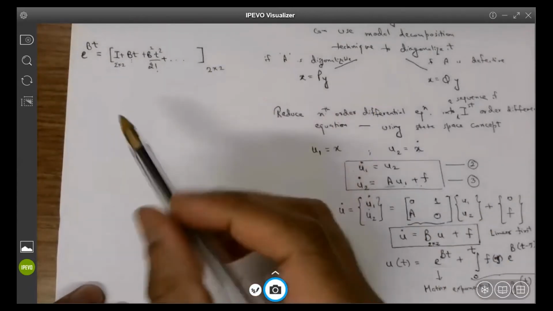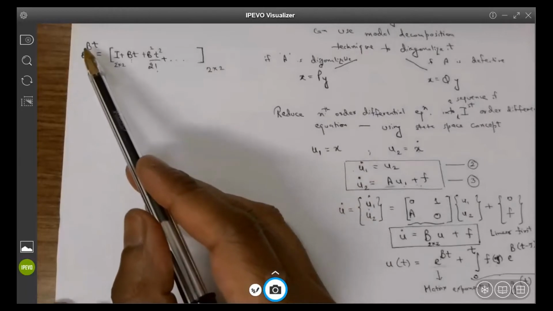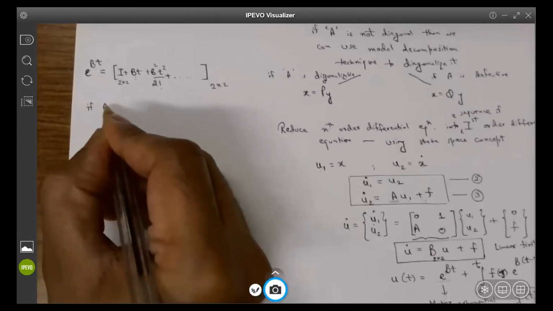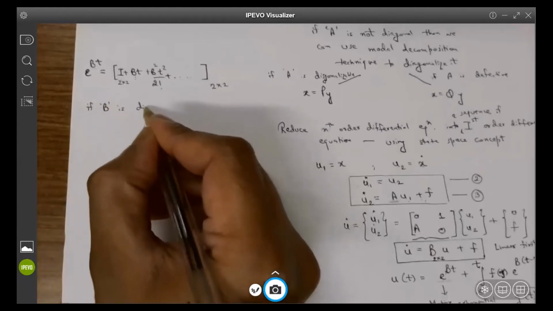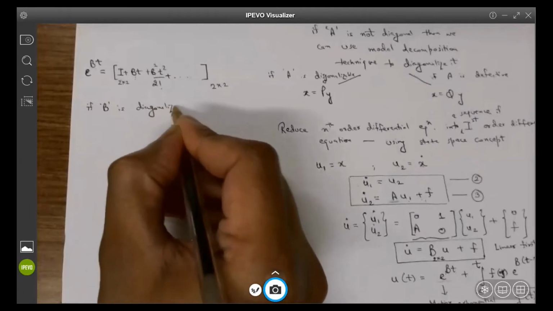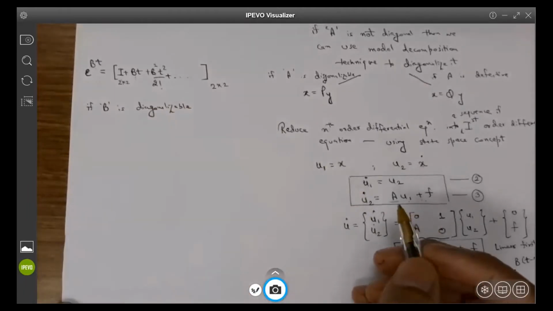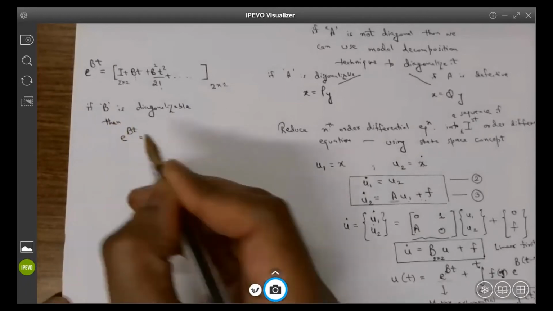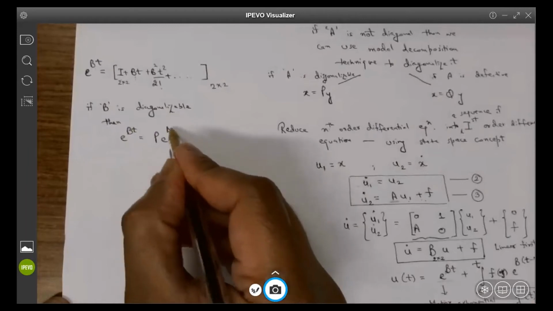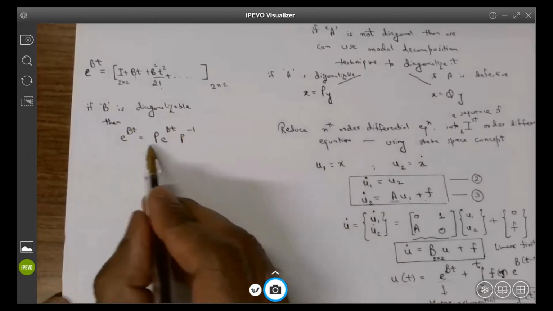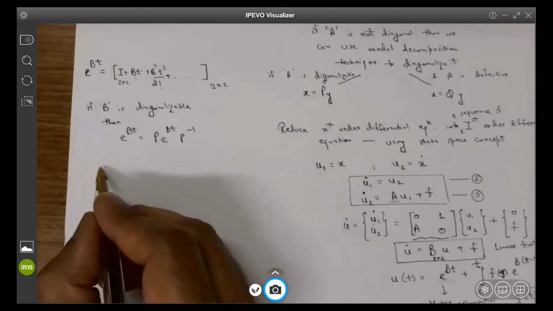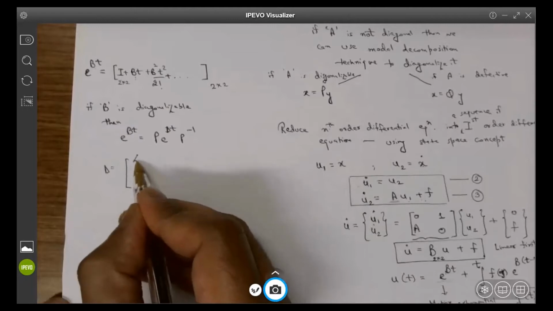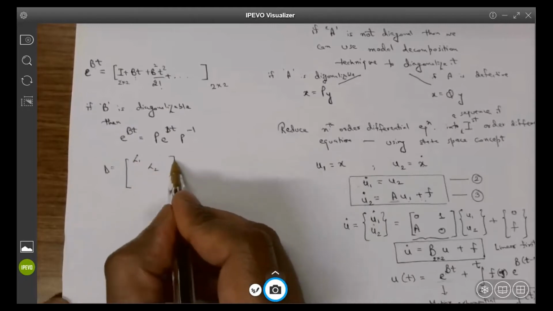Now, there are easy ways to find this matrix exponential. If B is diagonalizable, then the matrix exponential e^(Bt) can be written as P e^(Dt) P inverse, where you know what P and D mean. The D matrix consists of all the eigenvalues of this matrix B in diagonal form.